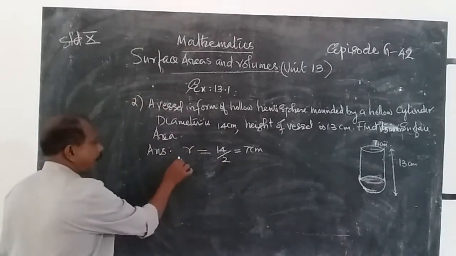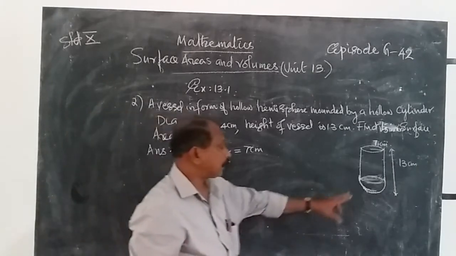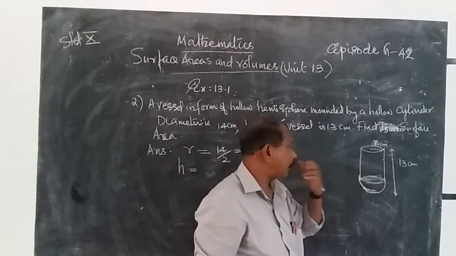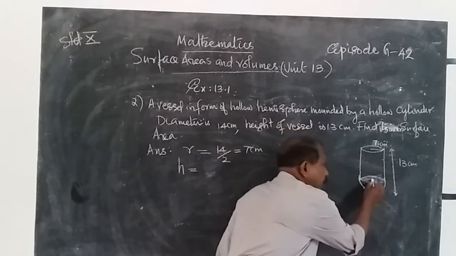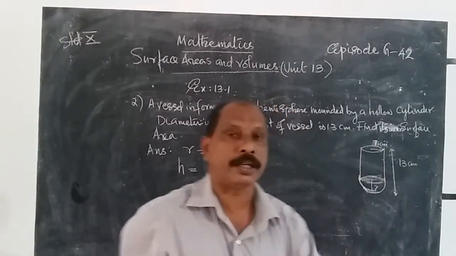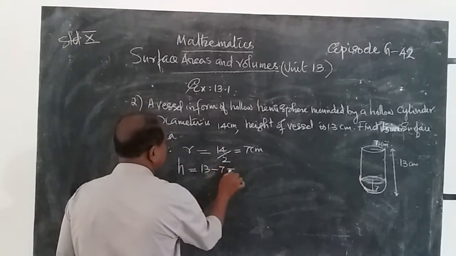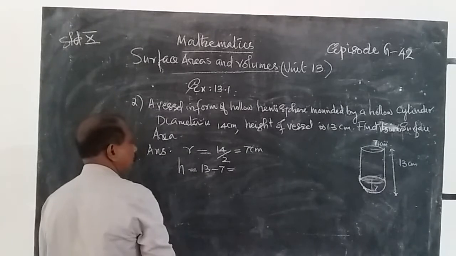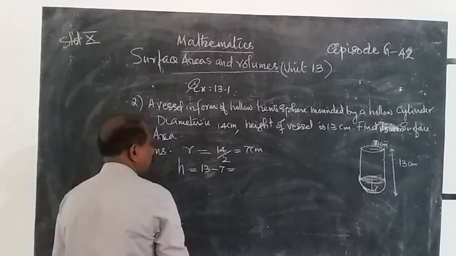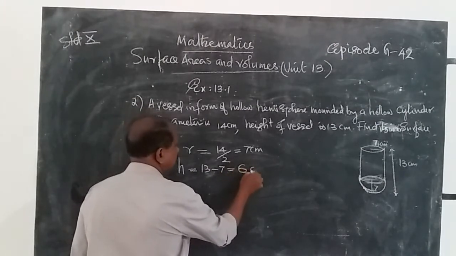Then the height of the cylinder: the cylinder is joined with the hemisphere, whose radius is 7. Therefore, subtract 7 from the total height to get the height of the cylinder. That is 13 minus 7 is equal to 6 centimeter.